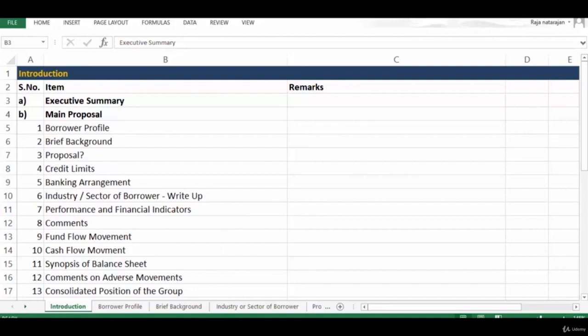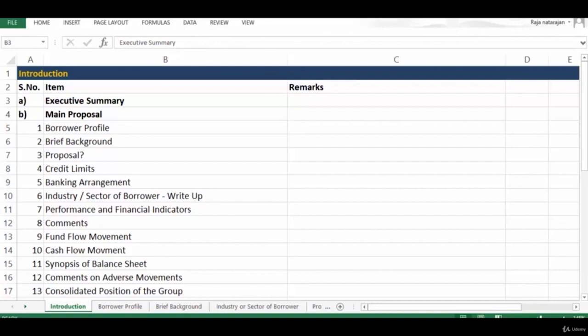So when you submit a loan proposal to the sanctioning authority, you should capture all essential information about the borrower, so that the sanctioning authority will be able to take a very calculated decision. They can conclude whether they should sanction or they should reject. So that is the importance of the loan proposal.